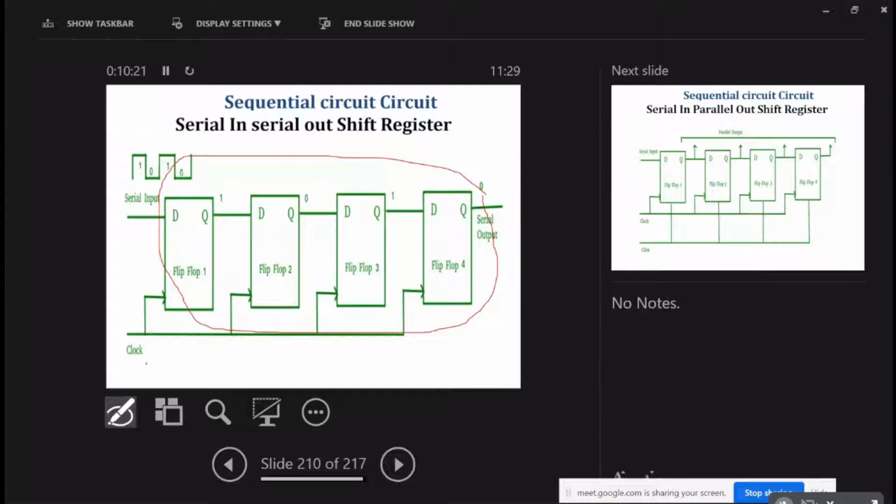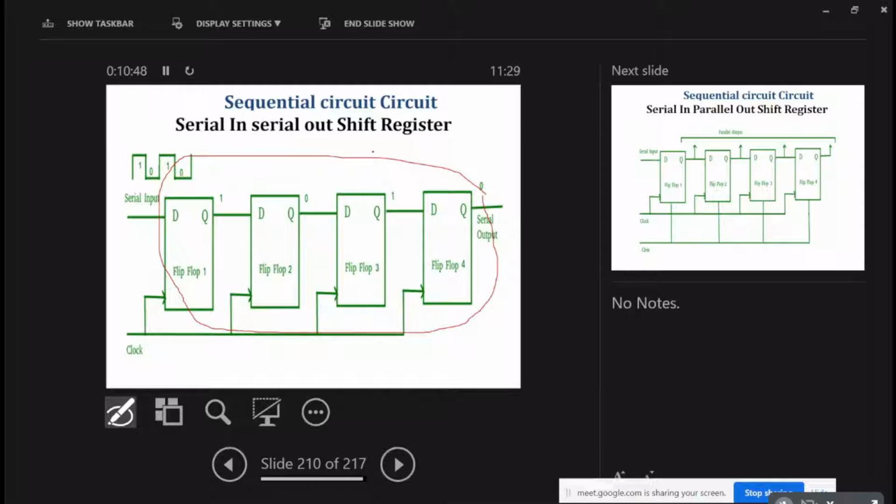This is a 4 bit shift register. Why are we calling this a shift register? Because information is getting shifted from left to right or right to left. So is this unidirectional or bidirectional?